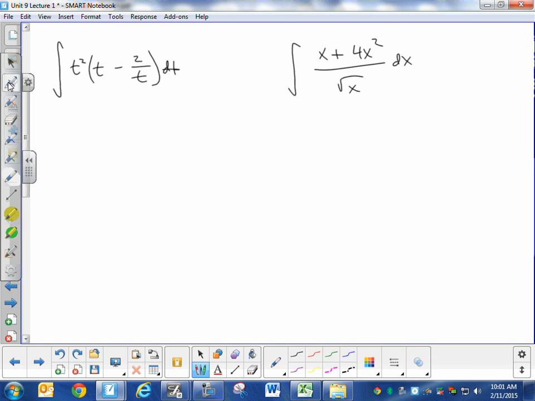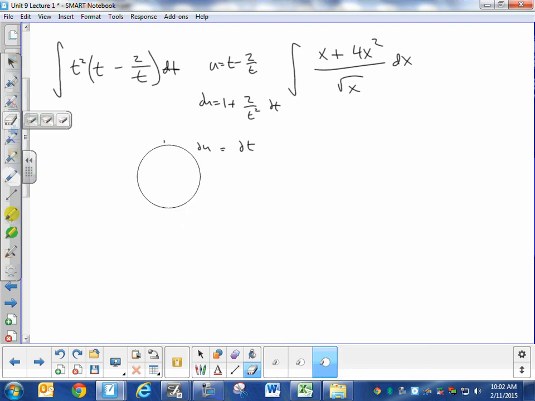What should we set u equal to? T minus 2 over t, let's try that. I get du is equal to 1 minus the derivative of this would be negative 2, so this would be positive 2 over t squared dt. I then have dt equal to 1 over 1 plus 2 over t squared. Is that going to help me when I plug in? Probably not.